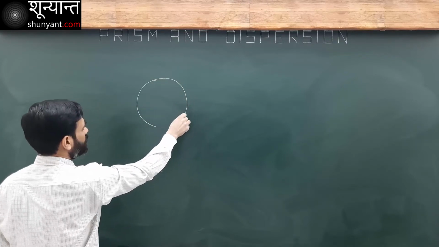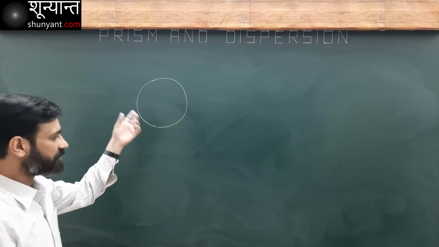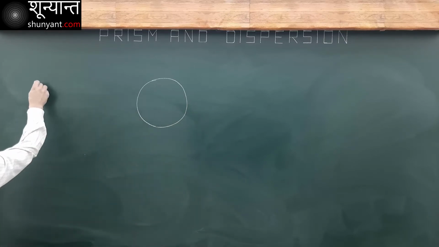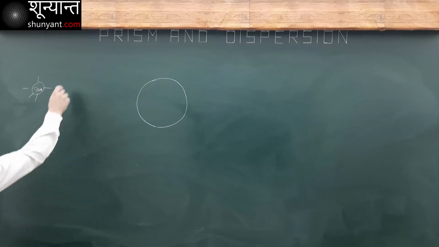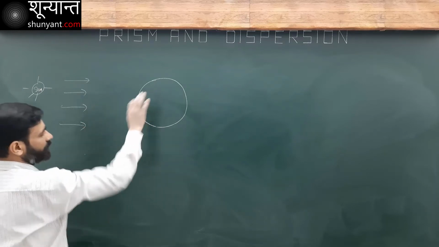Making a big picture, otherwise it's very small, minuscule size. One droplet. Here is my sun. From the sun, light rays are hitting this raindrop.